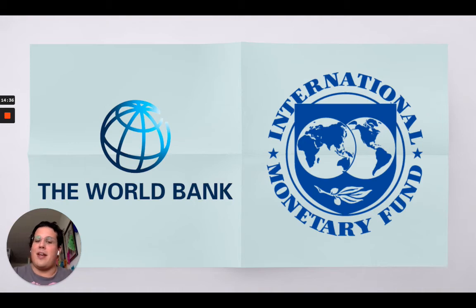By the 1980s, many developing countries, whether focused on import substitution or still largely focused on agricultural exports, as in Africa, faced deep economic problems, including high levels of government debt. Support from organizations like the World Bank or the International Monetary Fund, or the IMF, was conditioned on economic liberalization.